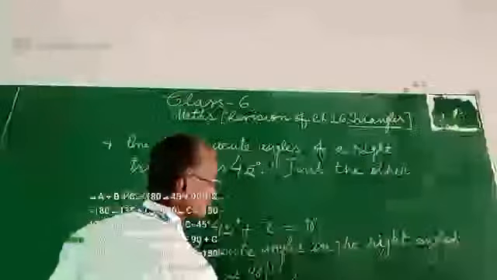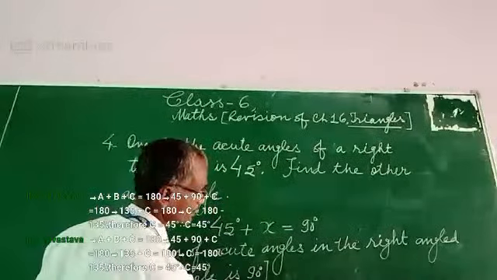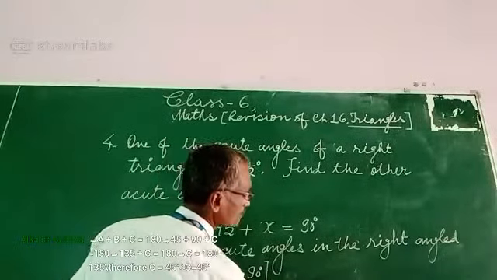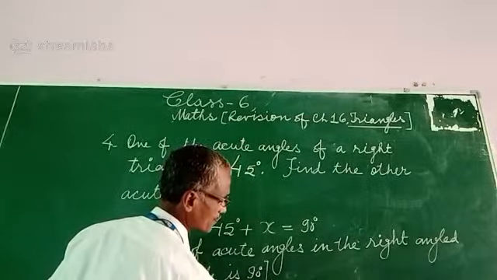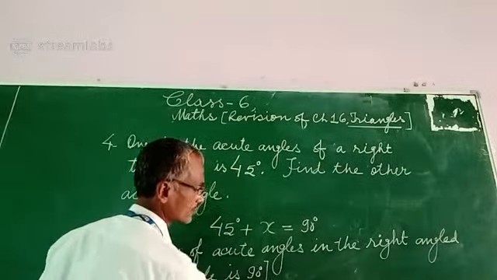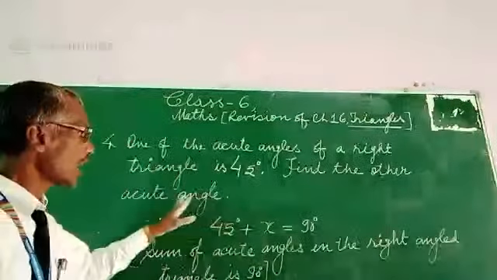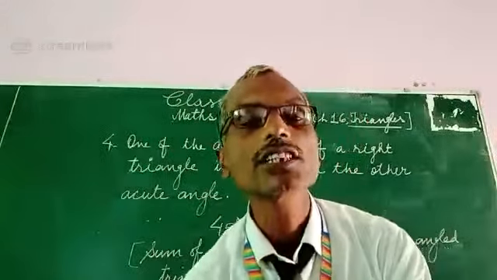Yes, now it is your third answer, and now it is correct. Okay, 45 degrees, x is equal to 90 degrees minus 45, which is 45. So the measure of the other acute angle is 45 degrees.